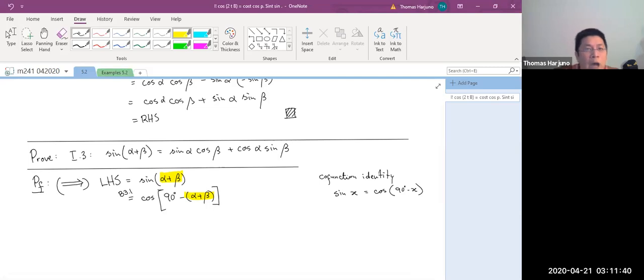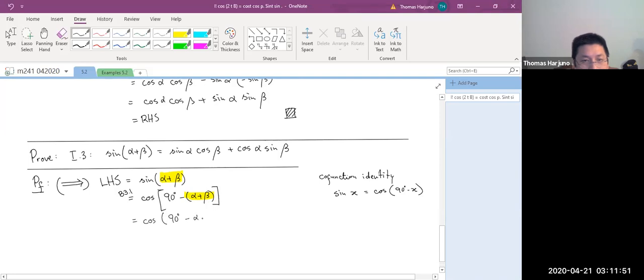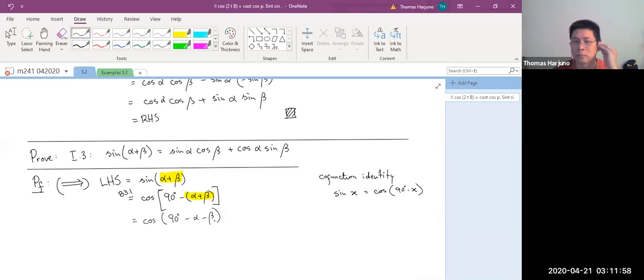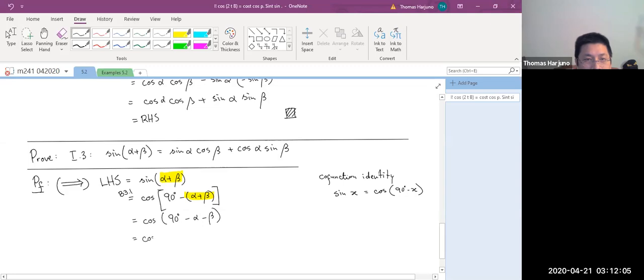Now, next, I will do some algebra. Inside the parentheses, we will get 90 degrees minus alpha minus beta. Is it right? I distribute the negative, and then I do further grouping. This is cosine of 90 degrees minus alpha minus beta.